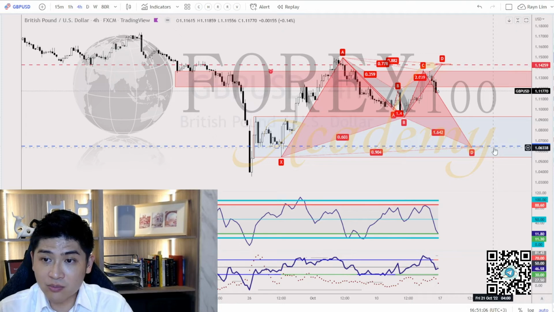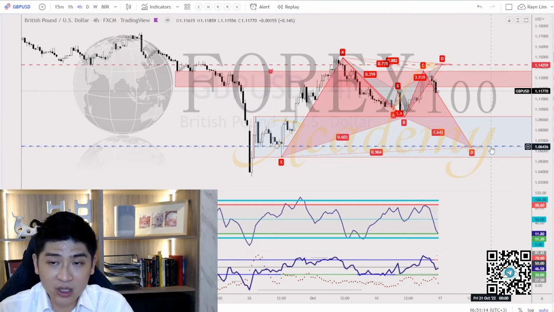I am more inclined to a bullish bat pattern completing at 1.0633. That being said, I'm not biased because I have a running trade, because there are some warning signs here and there. So let's see how the trade goes. My call is on the bullish bat pattern. I will need to see a candlestick confirmation, a retest, before I engage the trade.